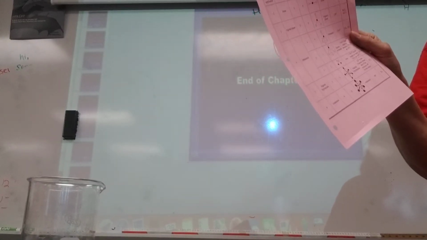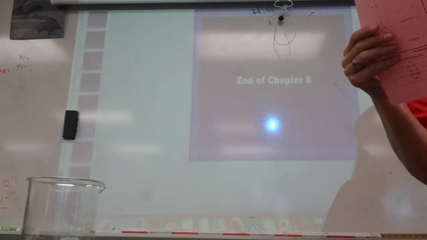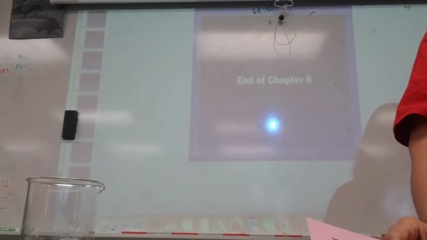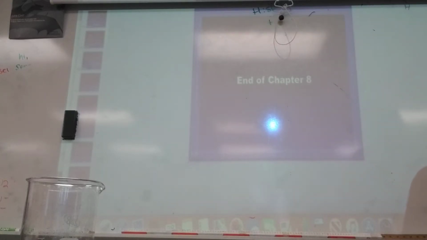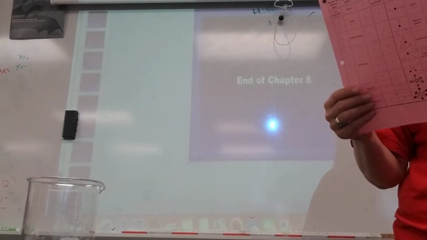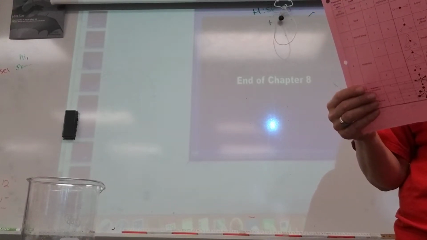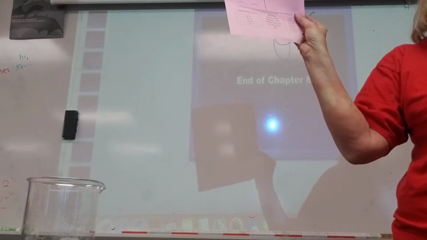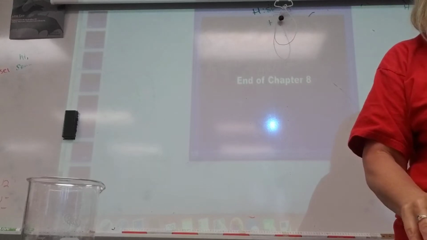A line, so it would be linear. Bond angle is 180, and they can be polar or non-polar. Do you agree with that? Flip this over and see if I have some diatomics on both the polar and the non-polar side. Do I? Pretty easy. So you can look at this to help you determine if something's polar or non-polar. Back to the front.